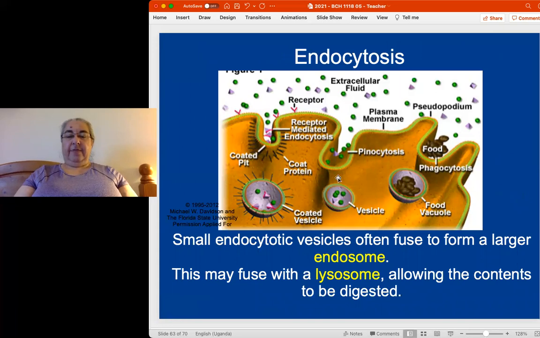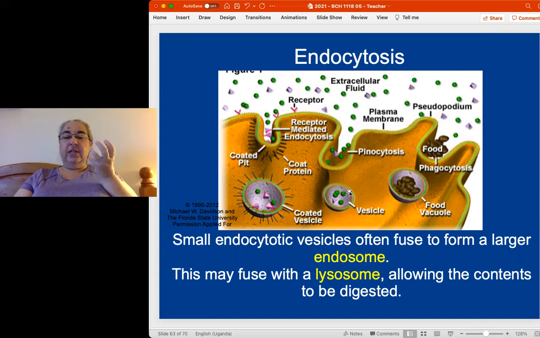If vesicles are containing things from outside the cell, or brought into the cell, what then happens to them? Well, often they fuse together to form an endosome. That means a body, a structure inside the cell.